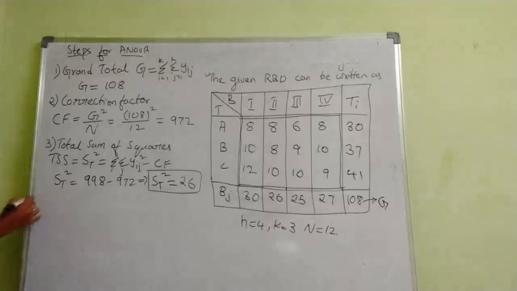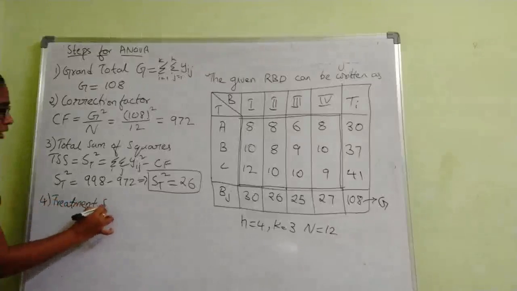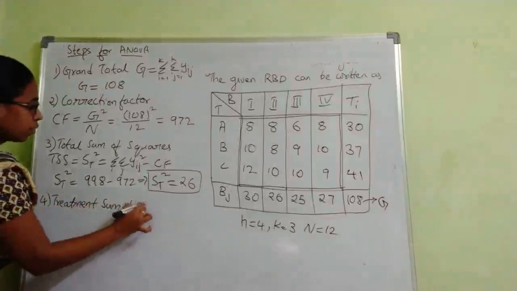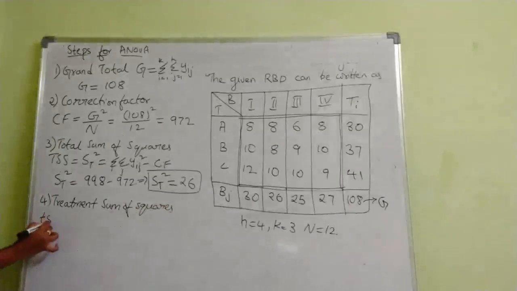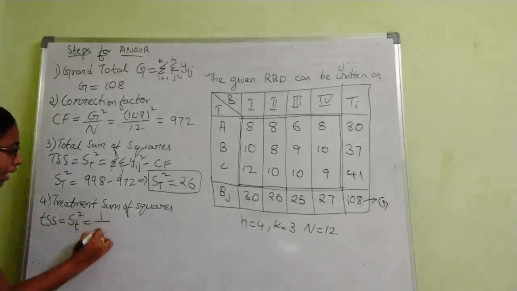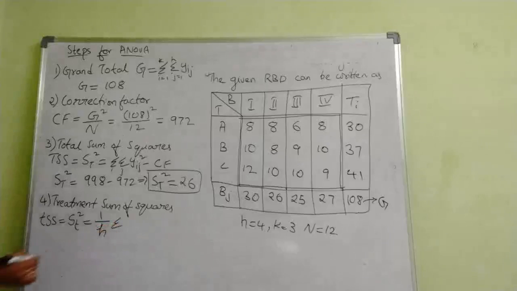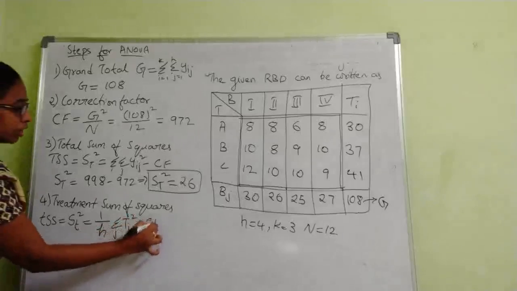Next, the fourth step, we will be finding the treatment sum of squares. Treatment sum of squares is given as small TSS, which can be written as capital S small t square, equals, what is the treatment sum of squares formula? 1 by h summation over j Ti square minus correction factor.